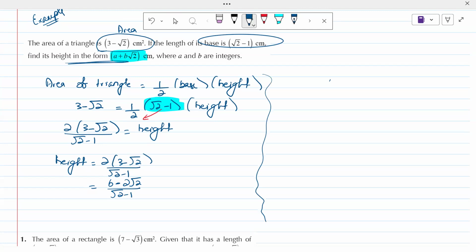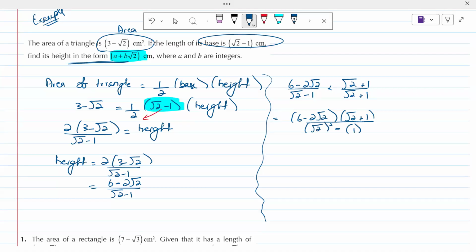So we have to rationalize this fraction, multiplying it by its conjugate, root 2 plus 1 upon root 2 plus 1. The numerator would be multiplied as it is, 6 minus 2 root 2 into root 2 plus 1. And in the denominator, it would be a plus b, a minus b, which equals a square minus b square. So that's under root 2 whole square minus 1 whole square.